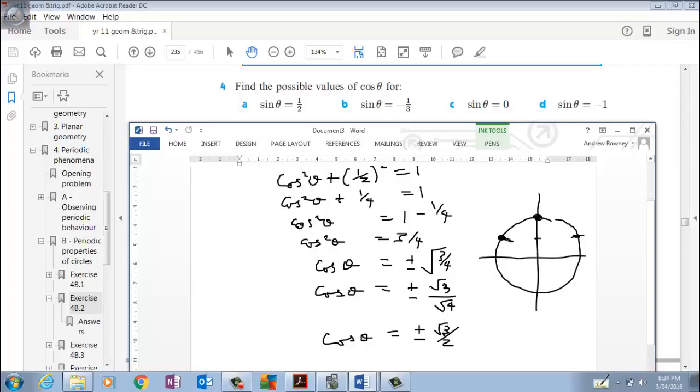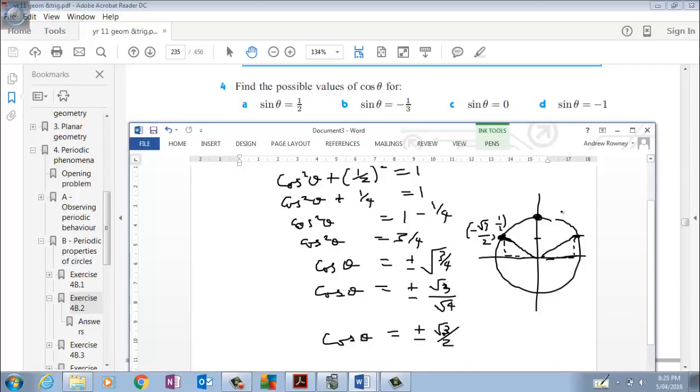Well, if we look at these 2 triangles, that'll be this one here, all the way over to there, and this one all the way over to there. Now we know that that coordinate there is minus root 3 on 2, comma, a half.